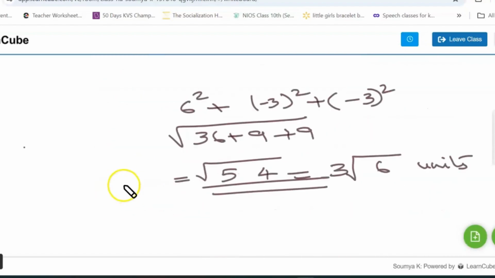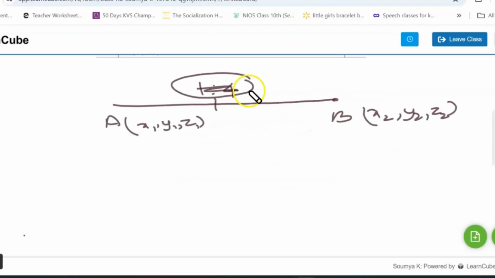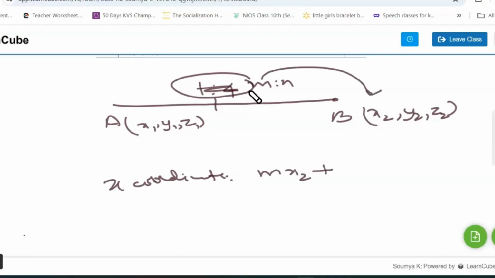So consider this as m:n. The x coordinate you can find by writing (m into x2 plus n into x1) whole divided by m plus n. This is the formula for the x coordinate.